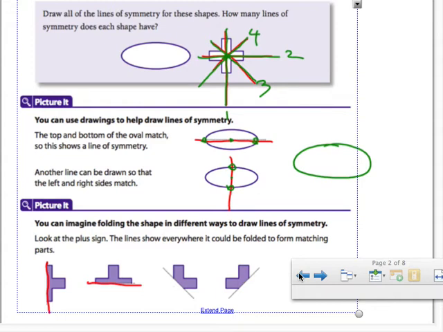If you fold on that line, it's like a perfect fold, like a 50-50 fold. And the other side of the shape disappears. When there's no other ways to fold it like that, that means you've used up all the lines of symmetry.